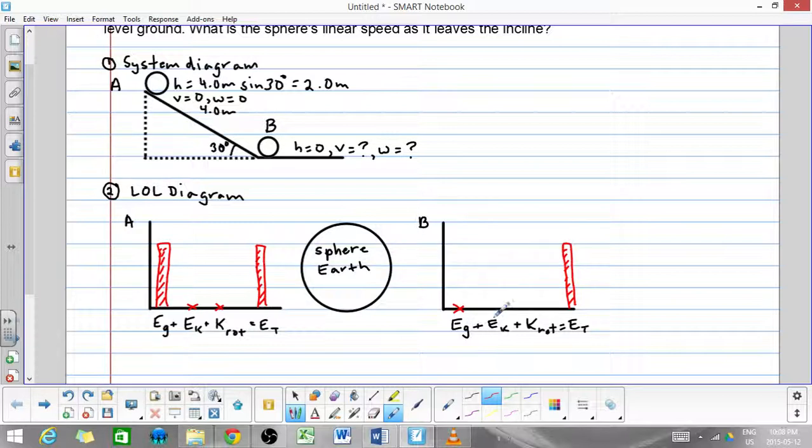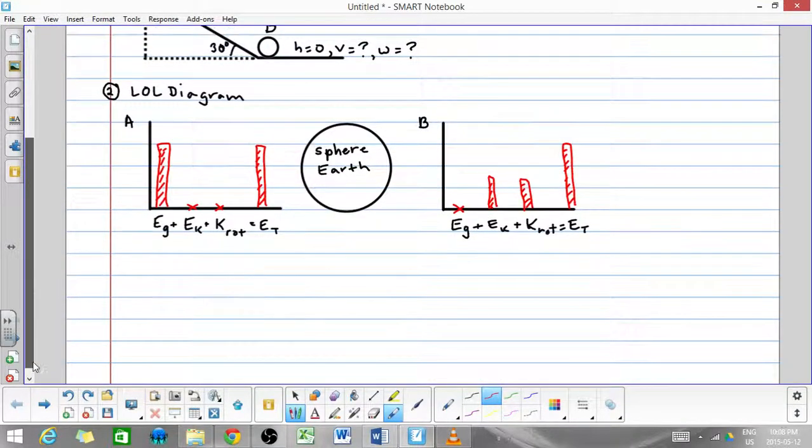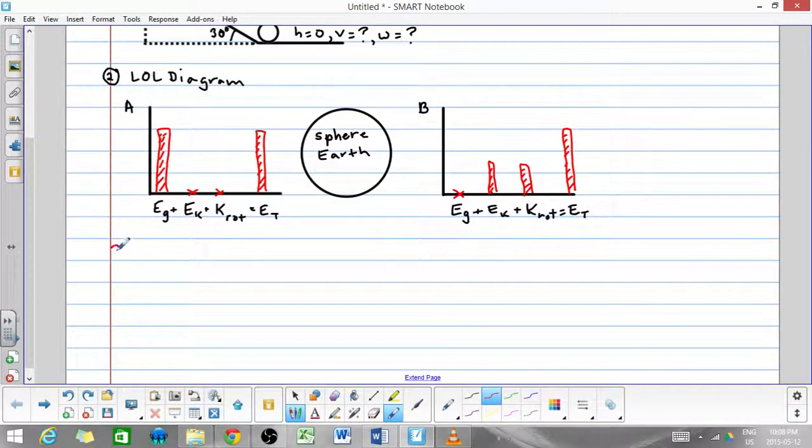And this is now some mix of kinetic energy and rotational kinetic energy, and we don't know what proportion, but we know that they will add up to exactly the total energy. So from the energy bar diagram, we can write our big energy equation.